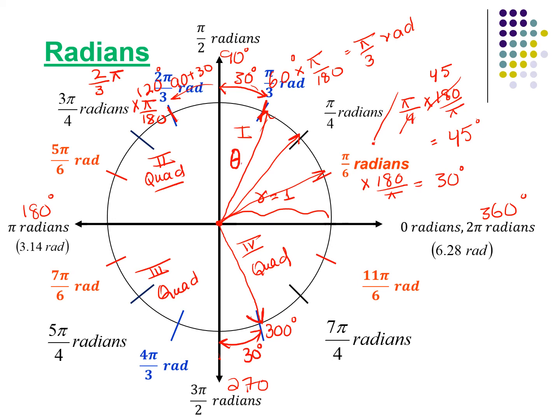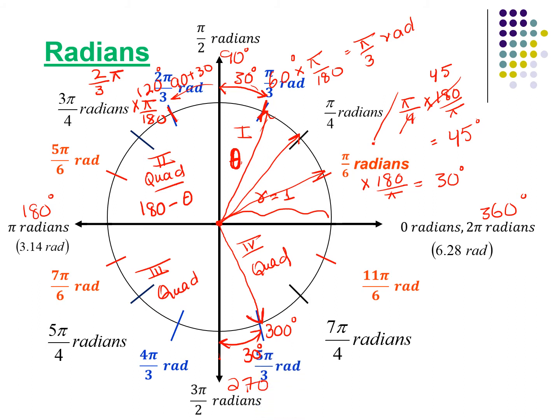Now if you want to jump into the second quadrant, between 90 and 180 degrees, whatever theta is, you subtract it from 180 degrees. That is the reflection of that angle in the second quadrant.